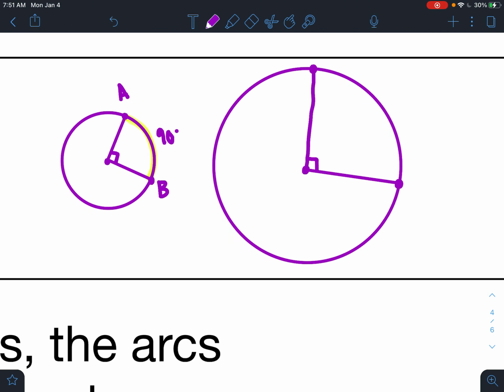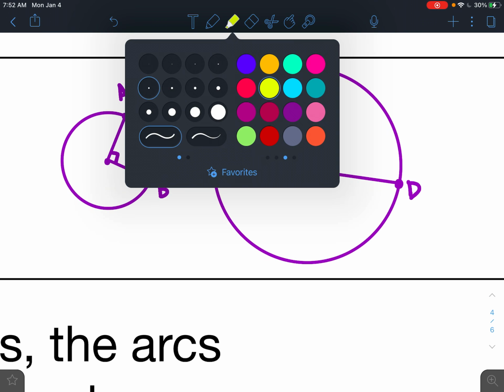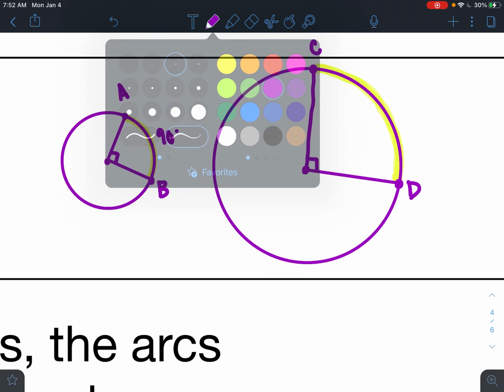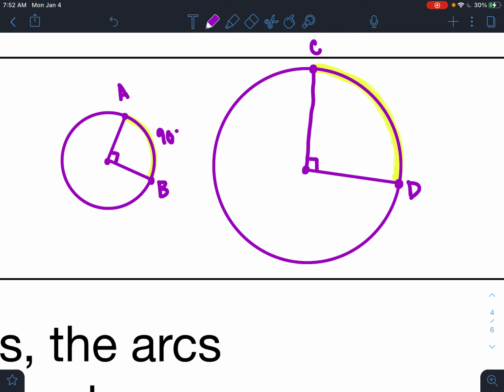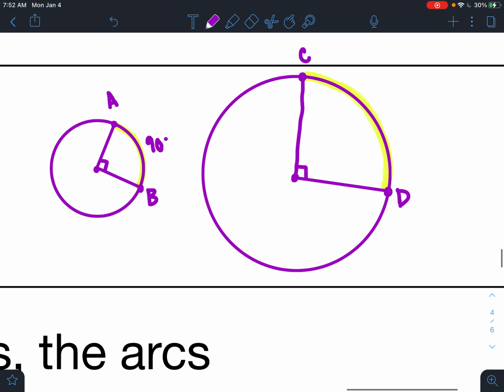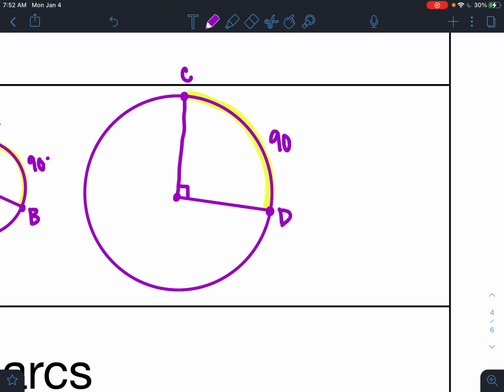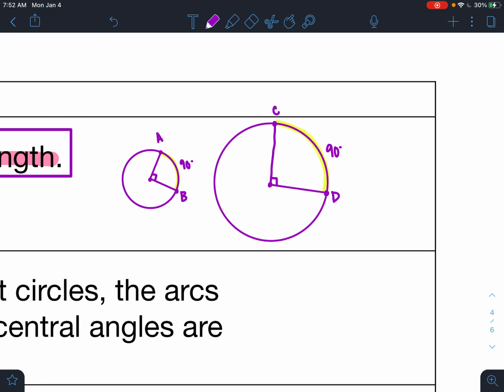The arc that it creates, let's call this C and D. Based off of the central angle theorem, if that central angle is 90 degrees, then the measure of arc CD is also 90 degrees. So the measures are the same in this picture. This measures 90 degrees, this also measures 90 degrees.